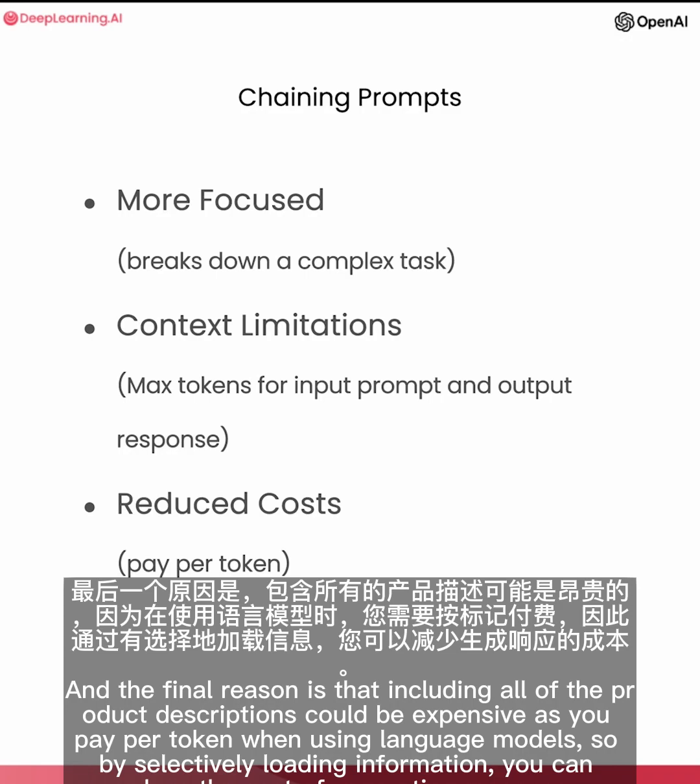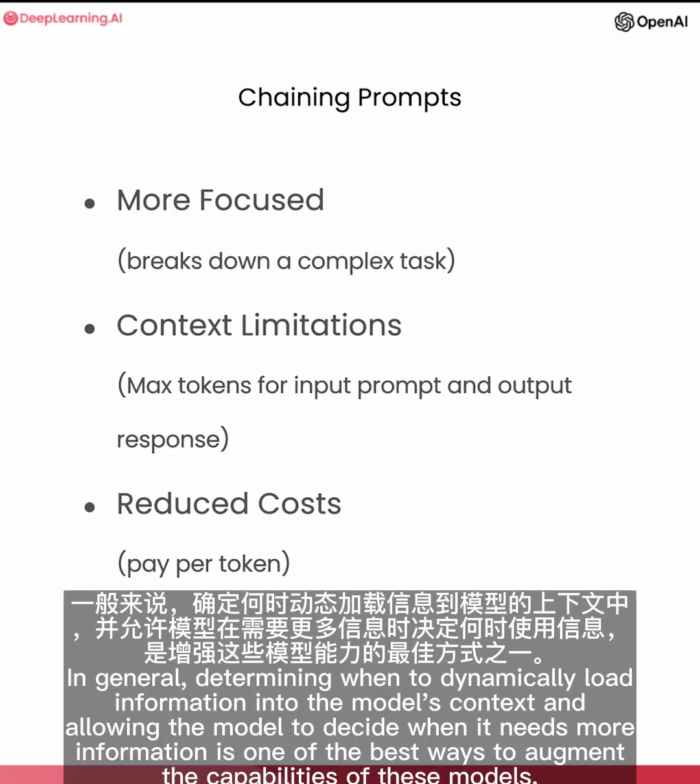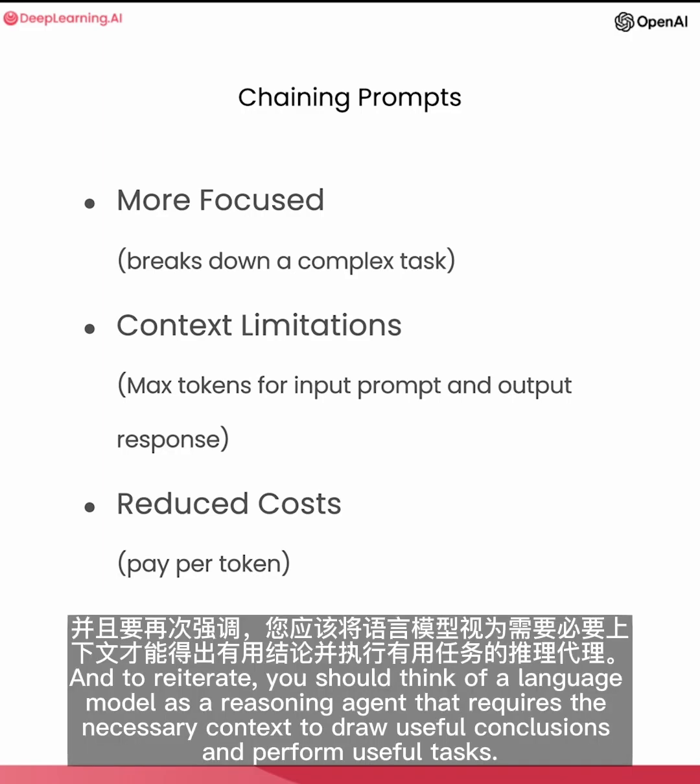So by selectively loading information, you can reduce the cost of generating responses. In general, determining when to dynamically load information into the model's context and allowing the model to decide when it needs more information is one of the best ways to augment the capabilities of these models. And to reiterate, you should think of a language model as a reasoning agent that requires the necessary context to draw useful conclusions and perform useful tasks.